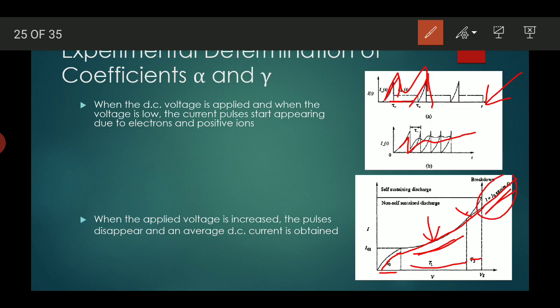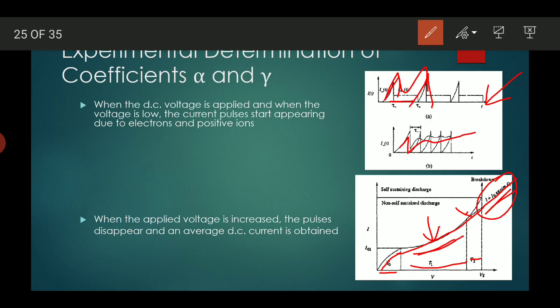So here is the region for the current sparks. This would be our experiment to get alpha and gamma.